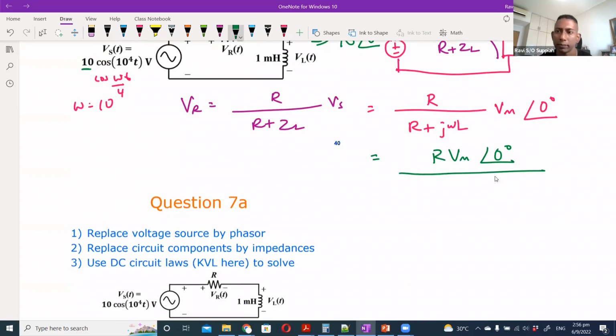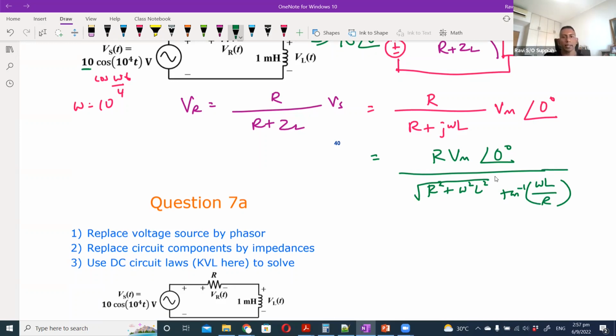You have a polar form in the numerator, but a rectangular form in the denominator, so you need to convert the denominator to polar form as well. So you have the square root of R square plus omega square L square, and angle inverse tangent of omega L by R. These are the same formulas in your handout and that you used in your studio as well.